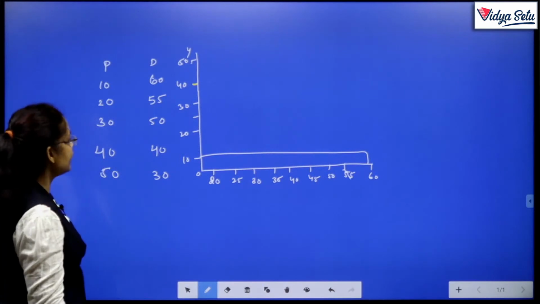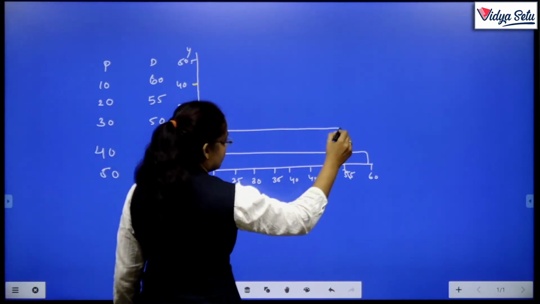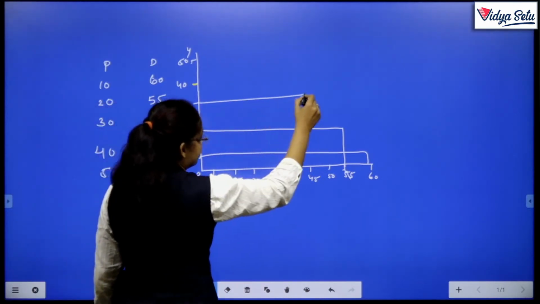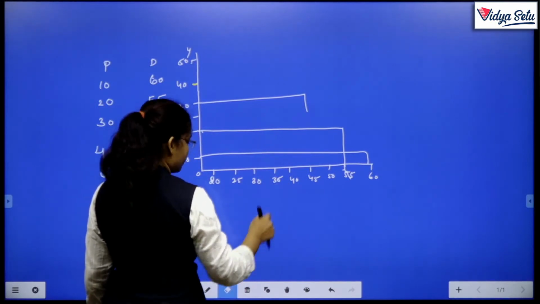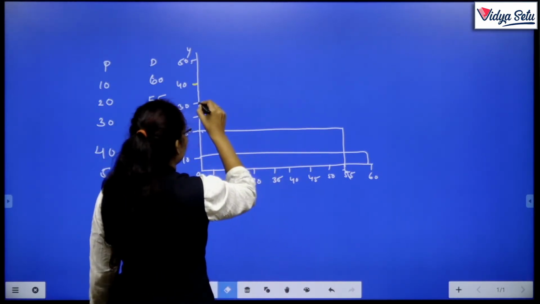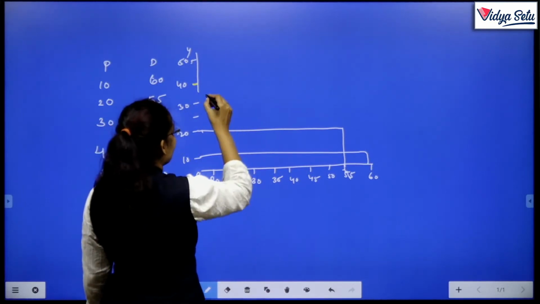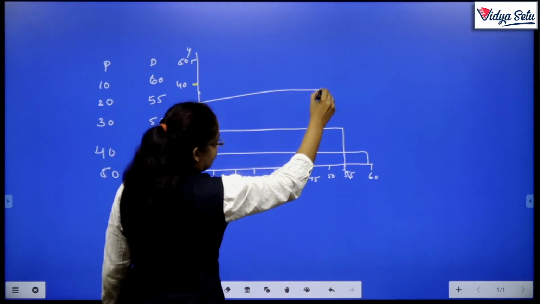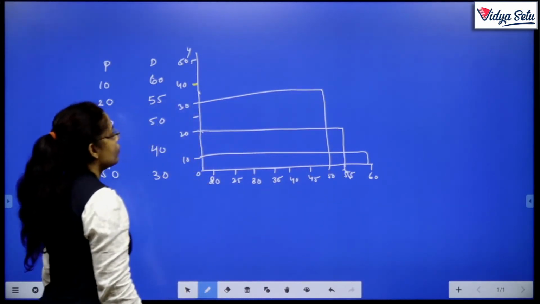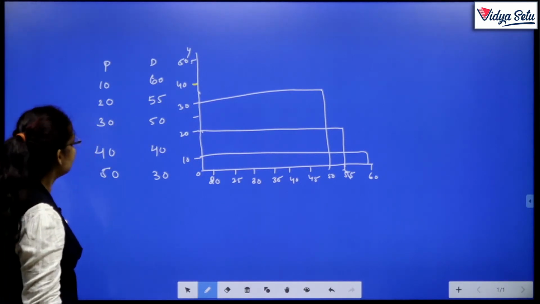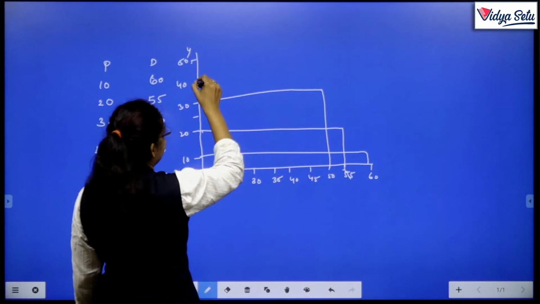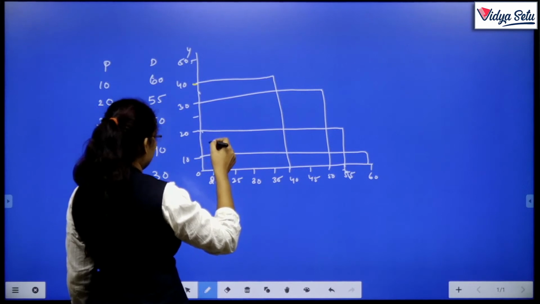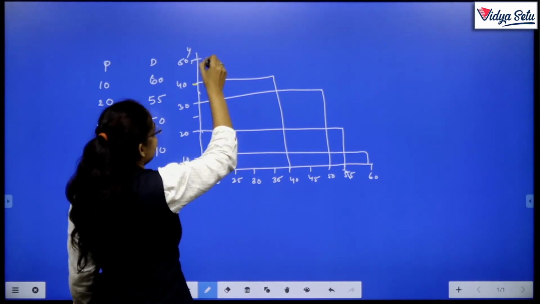Then 20, 55, 30, 50, 40, 40, 30, 50, then 50.